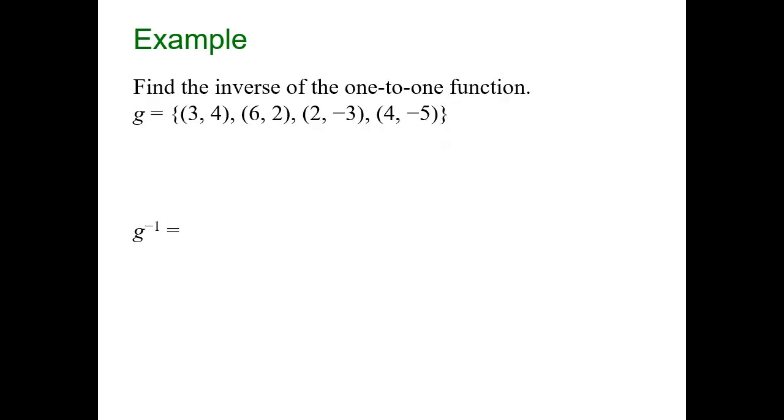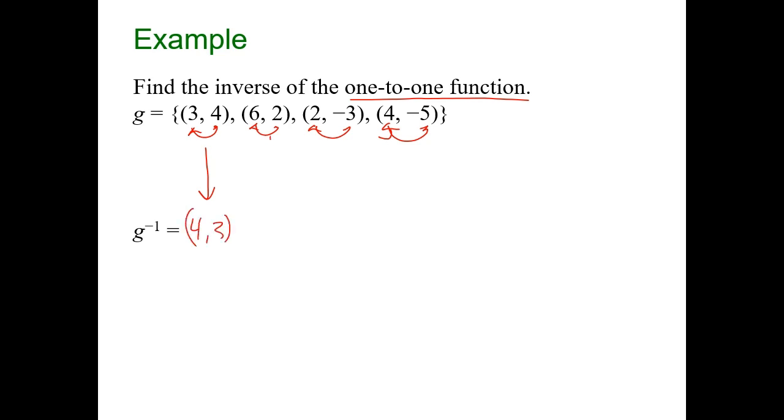So we'll start really easily and just look at these ordered pairs. When we're trying to find our inverse, this was our function that is 1 to 1. To find the inverse, we just take all the x values and all the y values and switch their places to get our new ordered pairs. So instead of having the point (3, 4), I'm going to switch to (4, 3).